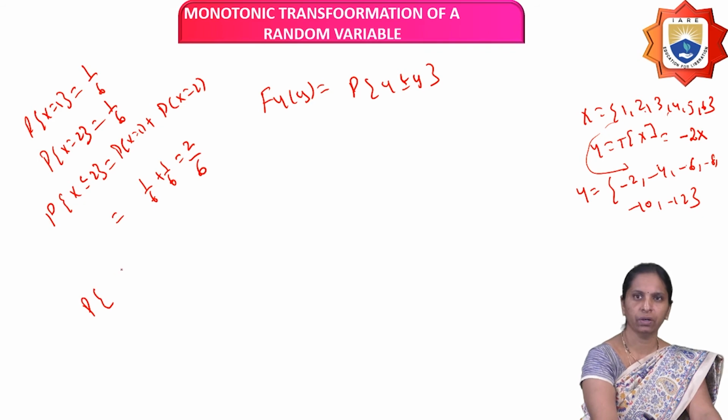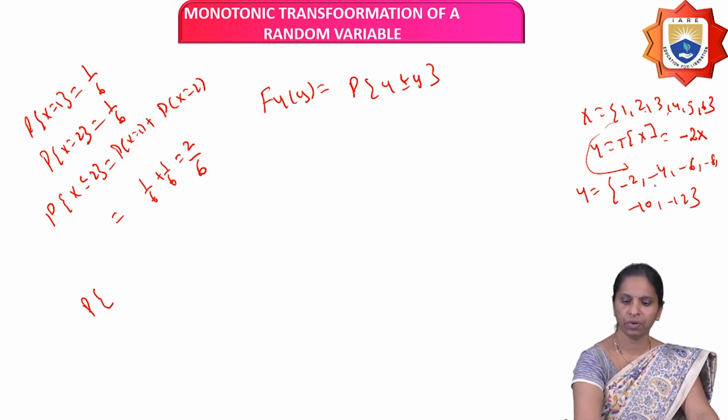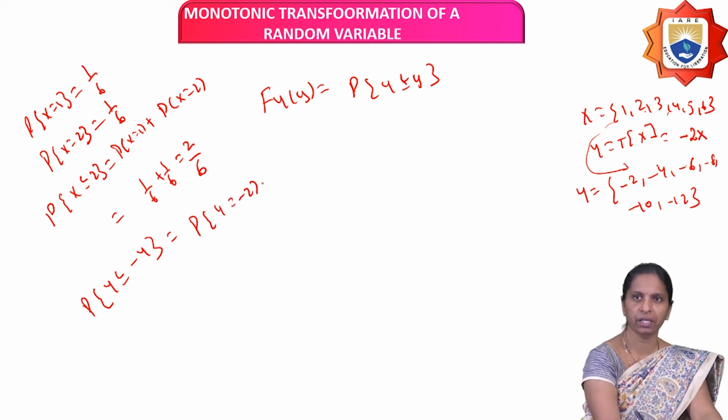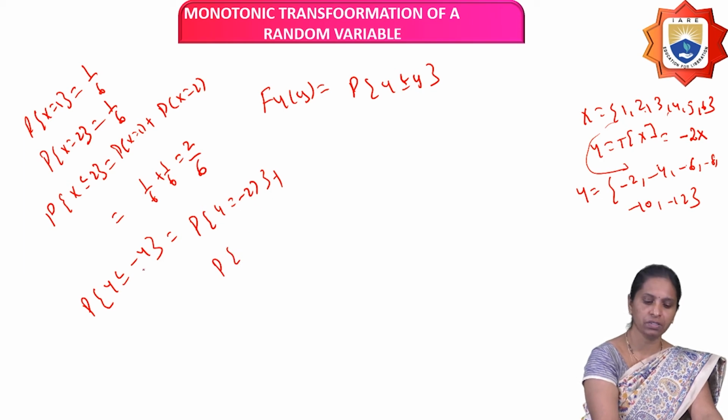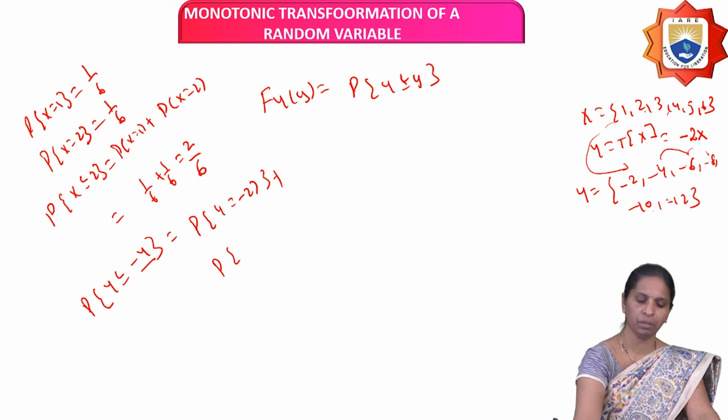Now I want to find the probability that Y is less than or equal to, let us say, minus 4. What does less than or equal to minus 4 mean? It covers minus 4, minus 6, minus 8, minus 10, minus 12.